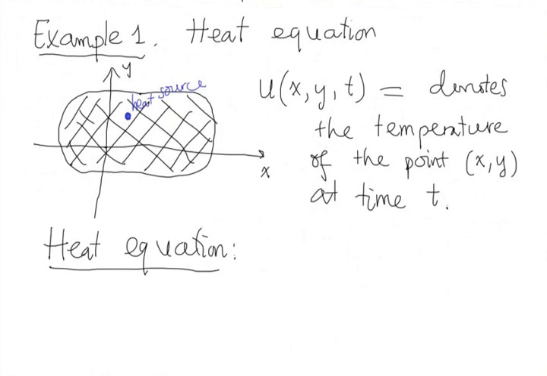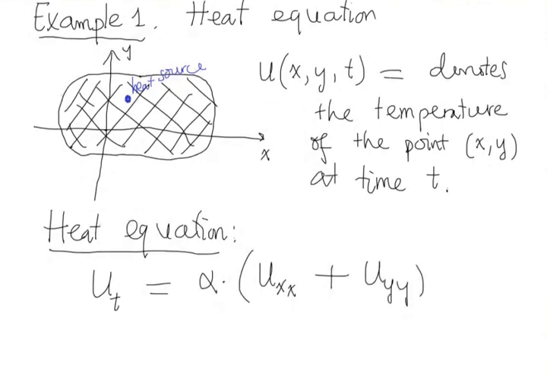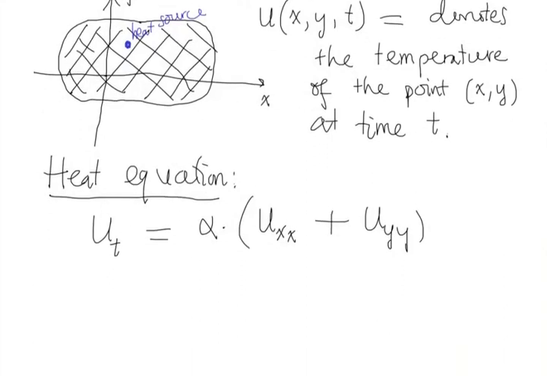It is given by the following: u sub t, this is the partial derivative of u in time, equals a constant alpha times u sub xx, the partial derivative in x two times, plus u sub yy, the partial derivative in y two times.